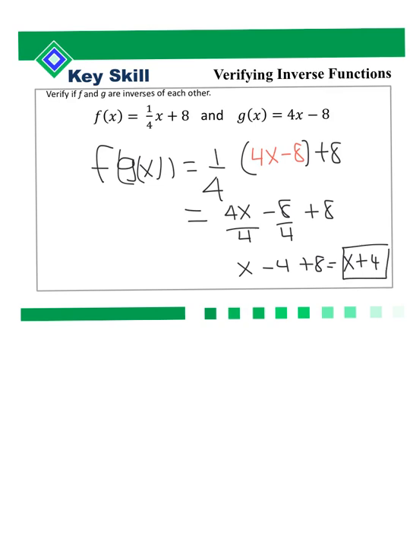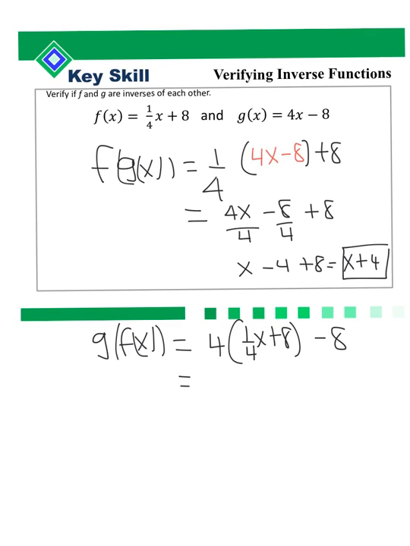Okay, let me do the next one. g of f of x. So I take the g function, and instead of x, I'm going to plug in 1 over 4x plus 8, and then minus 8. So this becomes x plus 32 minus 8, so x plus 24.